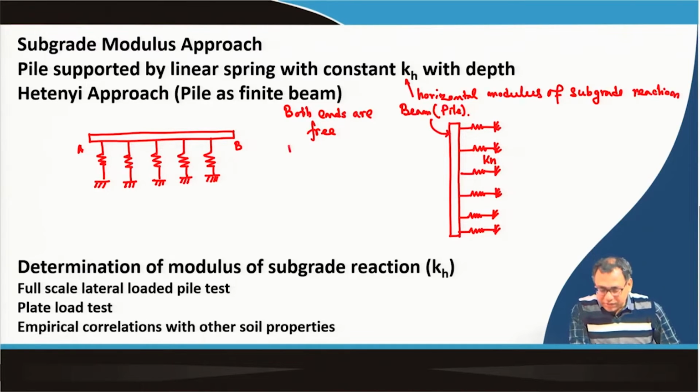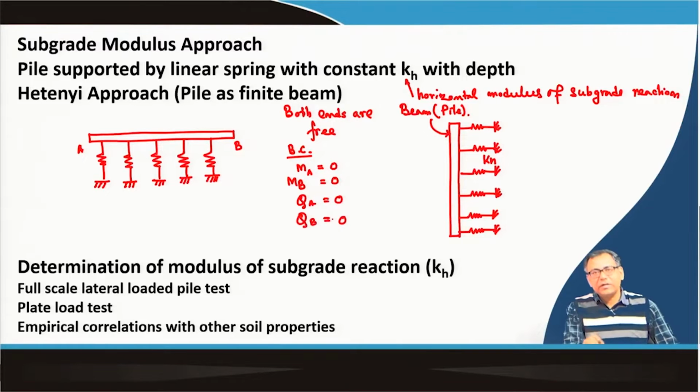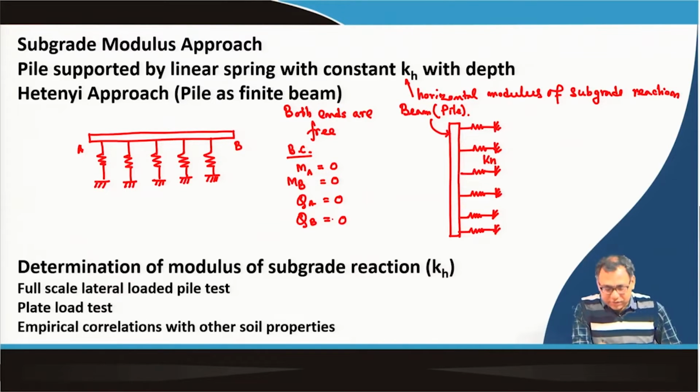So the boundary conditions are: moment at A is 0, moment at B is 0, shear force at A is 0, and shear force at B is 0. These are the four boundary conditions for a finite beam with both ends free.